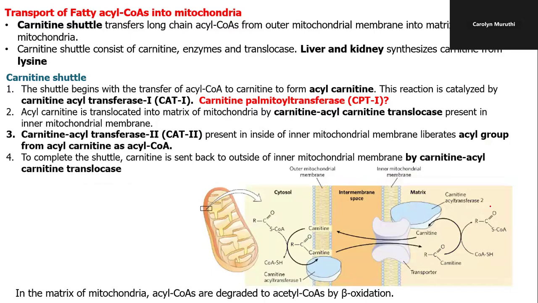After the fatty acid is activated to an acyl-CoA, it still cannot enter the mitochondria. And so through the action of the carnitine shuttle, we will be able to transport the fatty acyl-CoA into the matrix.